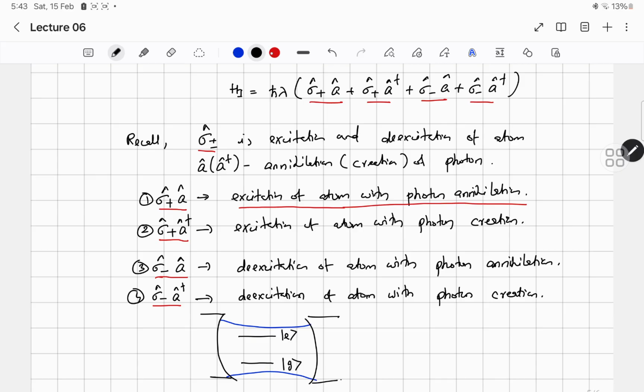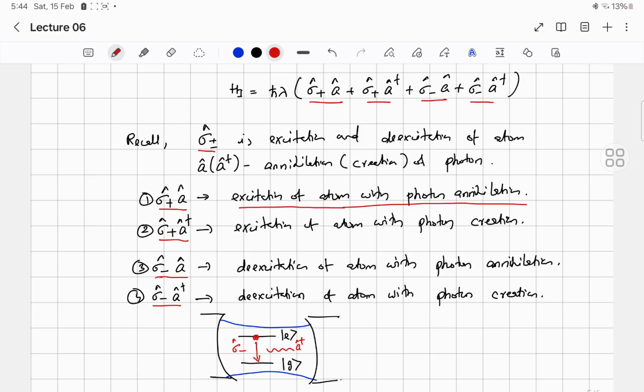Suppose this atom is already in the excited state, it may de-excite. De-excitation corresponds to sigma minus, and during de-excitation it may emit a photon. Emission, the creation of a photon, is basically a dagger. So this is a possible process. By de-exciting an atom, a photon may be created.